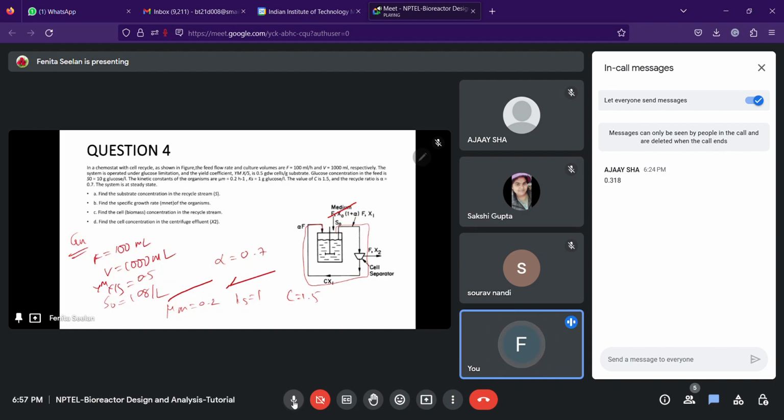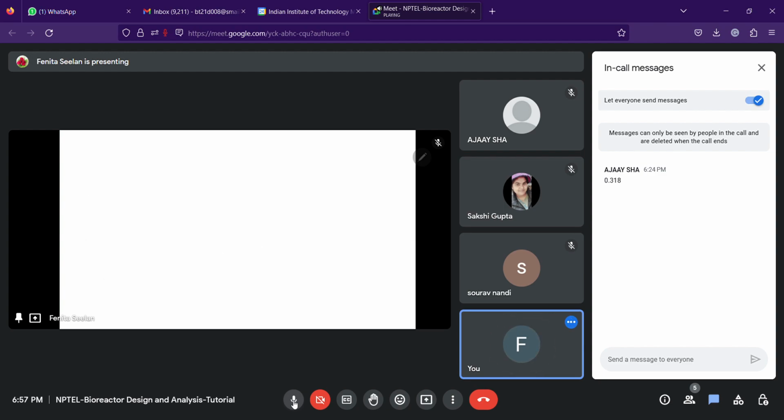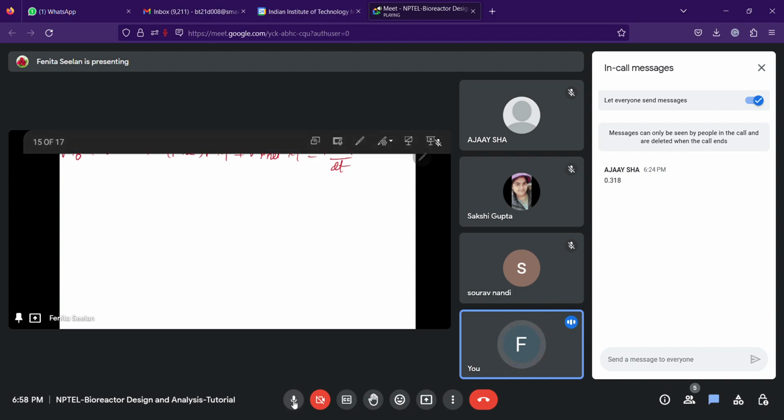To calculate this, you have to first start writing the mass balance for the chemostat with recycle, which is F x naught plus alpha C F x1 minus F (1 plus alpha) x1 plus V into mu net x1 equals V into dx1 by dt. If you remember, this is how you will start writing your mass balance for chemostat with recycle.